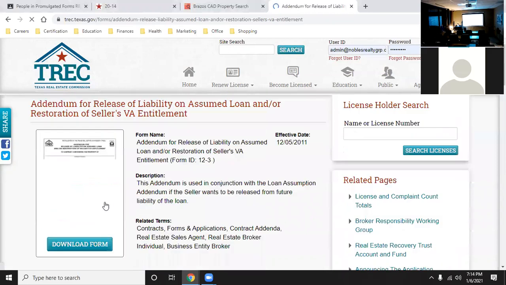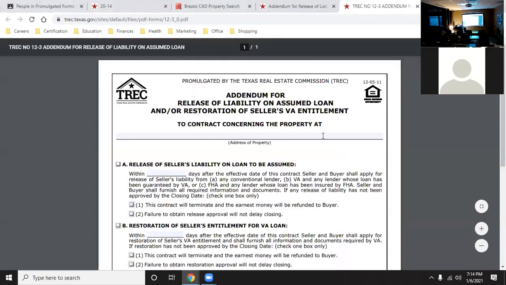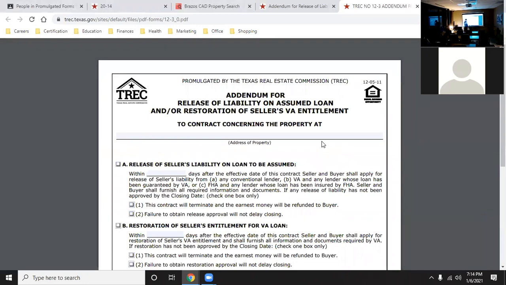All right, now this one. How often, Miss Linda, do you think that agents use this form? I haven't seen that at all. Yeah, because here's the thing. The majority of where this form is going to be utilized is around military bases. Okay, so if you're in Killeen, you're probably going to use this form a lot.